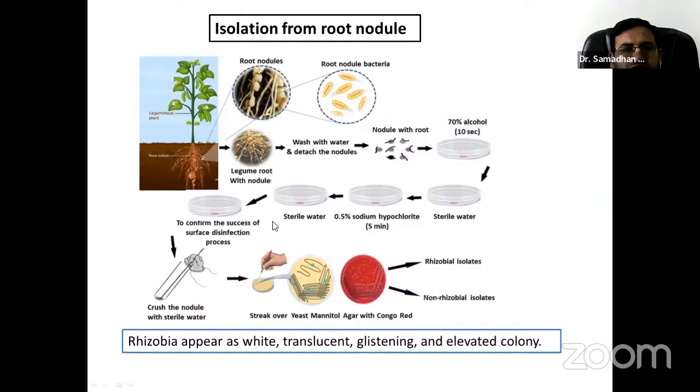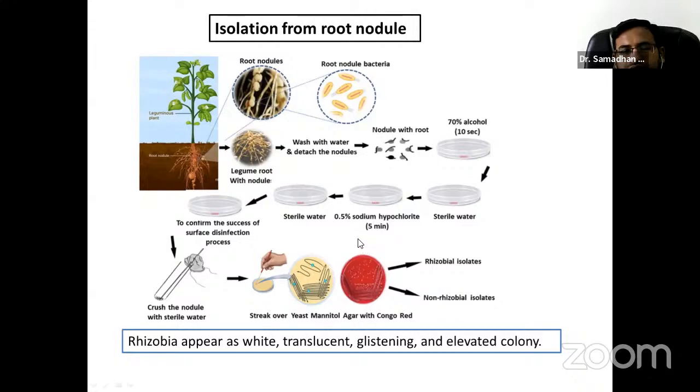To confirm the success of the surface disinfection process, you also have to plate this final rinse water. If there is no growth, you can be sure that the sterilization is okay.